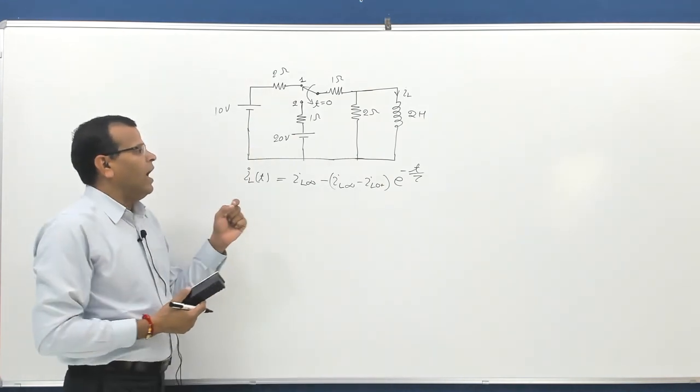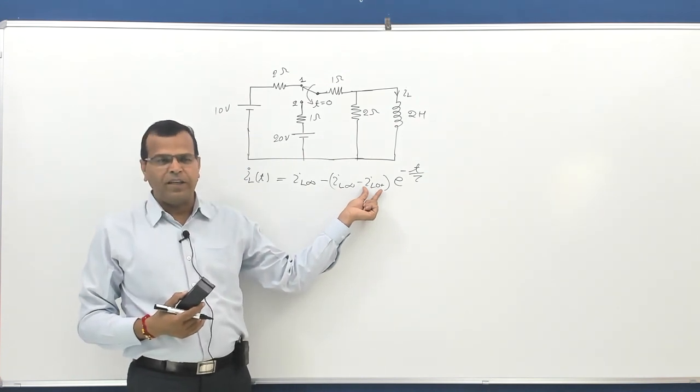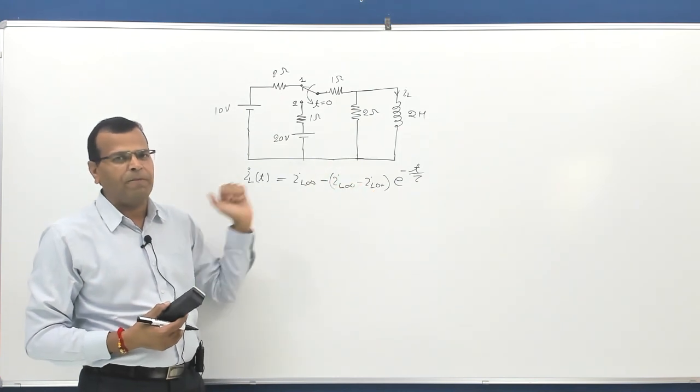So, to find the current at t equal to 0 plus, if I find the current at t equal to 0 minus, that will serve my purpose.